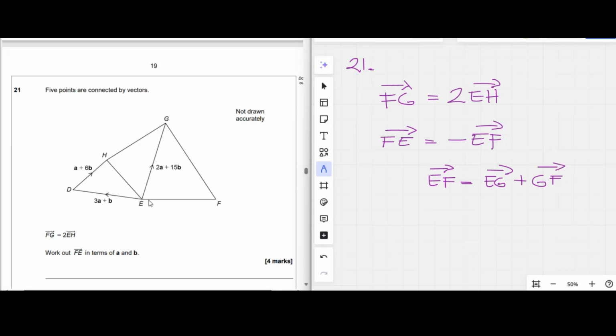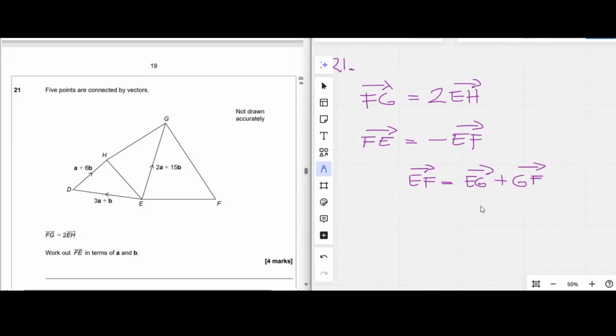Yeah, to make this, from E to F, we can go from E to G and then from G to F. Yes. And that GF is negative FG. So EF is EG plus negative FG. Yes, so if we want a vector going the other way, we can make this a negative.